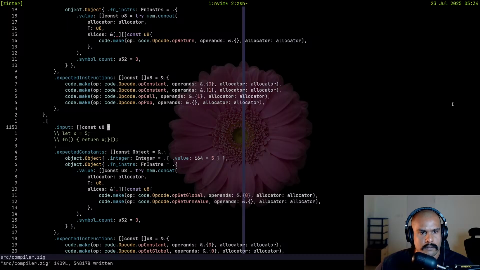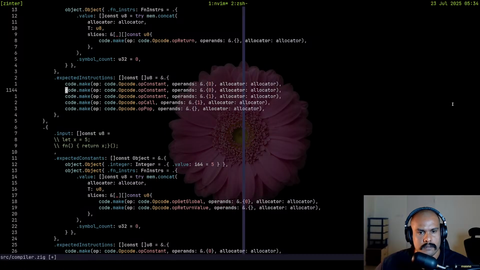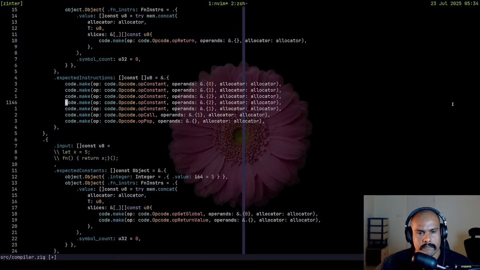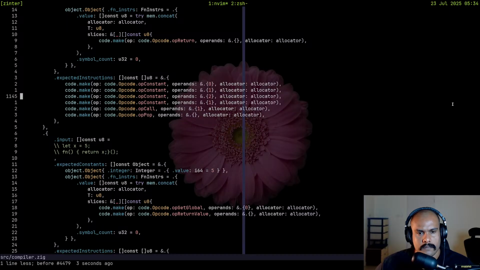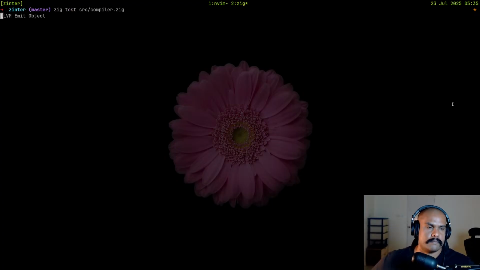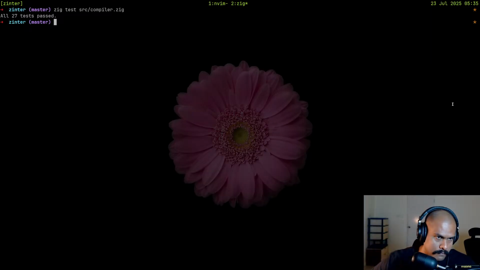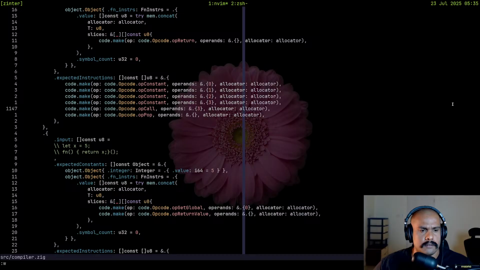Then we need to, yeah, I think that's it. And this is the function itself. Operands should be 3. Okay. I guess that's everything.